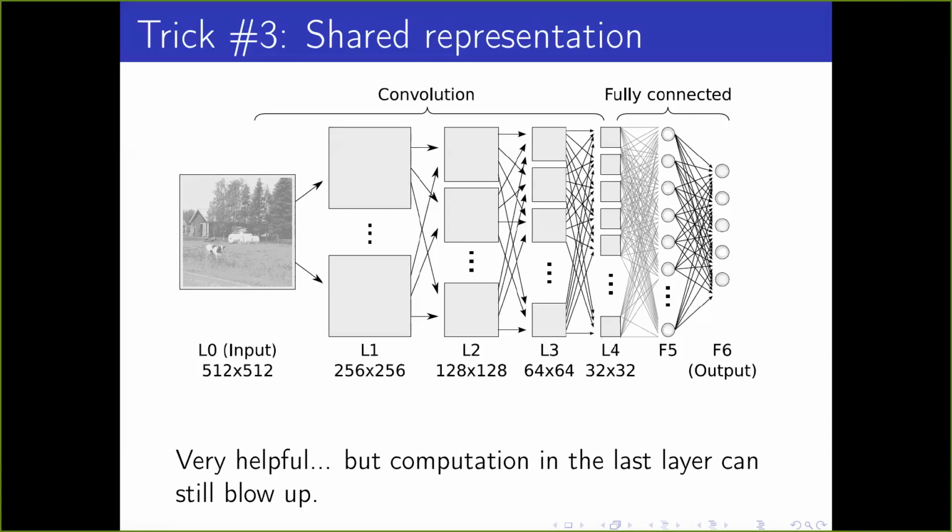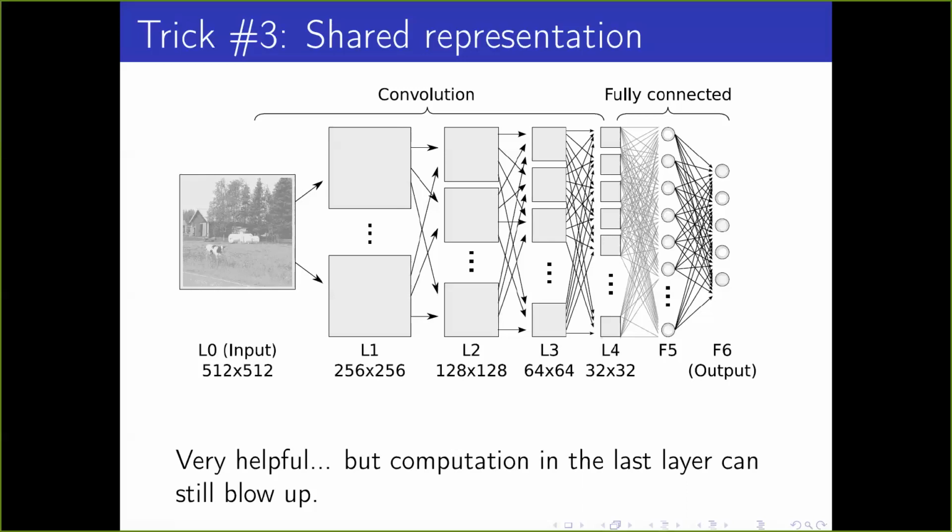The representation is shared in the sense that every parameter is relevant to every example, except maybe the output layer, where you typically have a one-against-all representation. You're learning a different predictor of "it's this class versus it's not any of the other 999 classes," or any of the other 22,000 classes for the big ImageNet data set, or any of the other 100,000 classes for machine translation data sets.